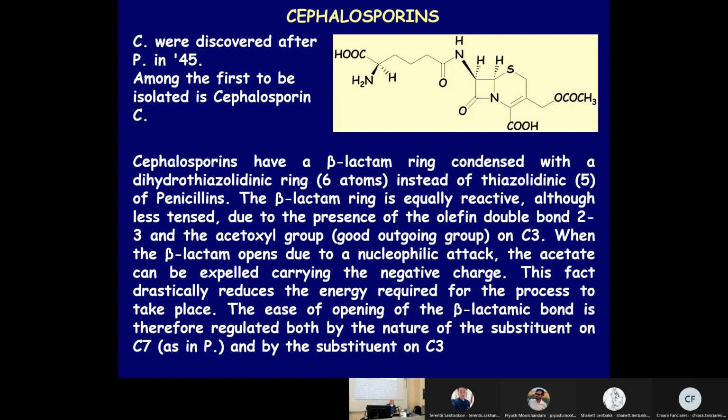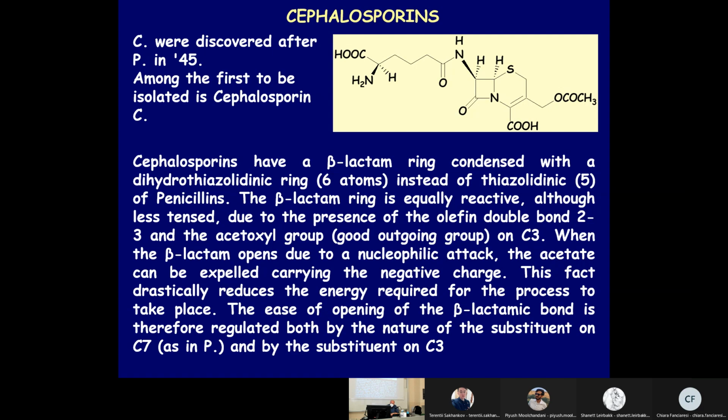So we have seen the chemical structure of penicillins, their stability, their pharmacological activity, and now we have another family of the beta-lactam antibiotics called the cephalosporins.